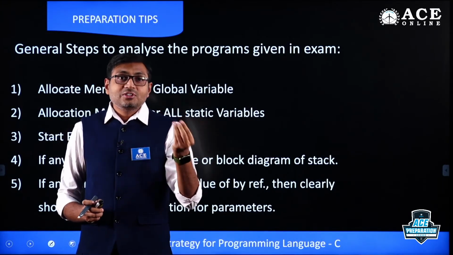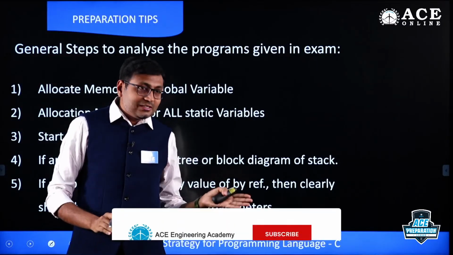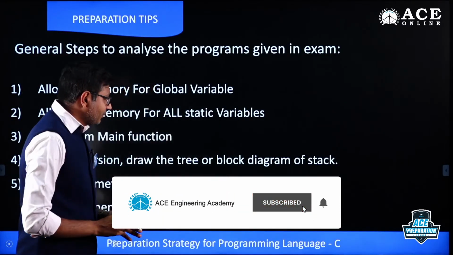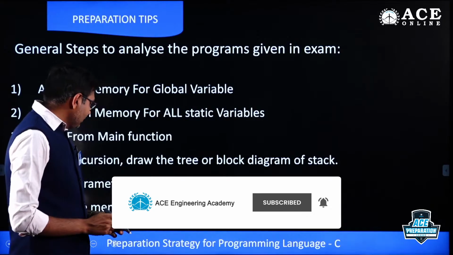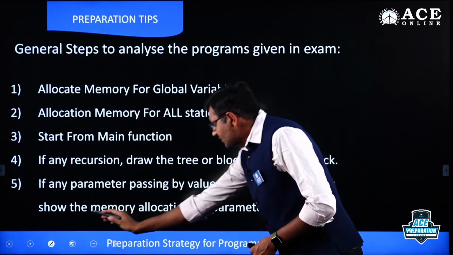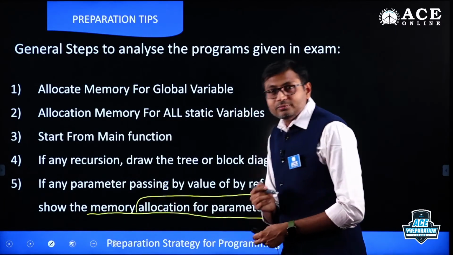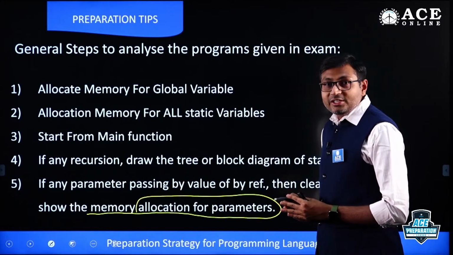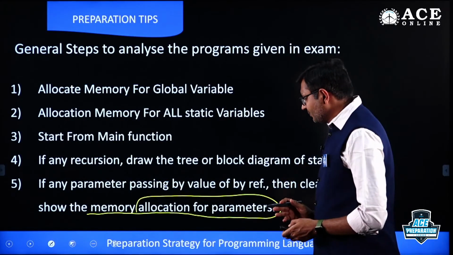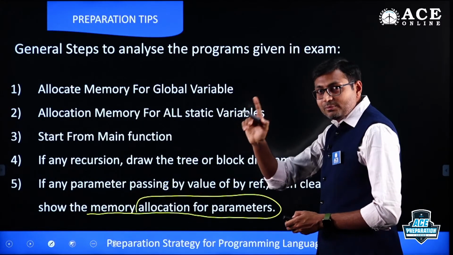Callee means the function which is being called. Clearly show these are the parameters, these are the values passed. As I said, clearly show the allocation of memory for the parameters also. Do not skip the parameters, if any. Alright, so these are the general steps. I will continue with one more step.